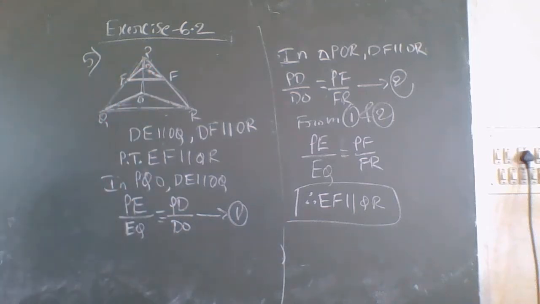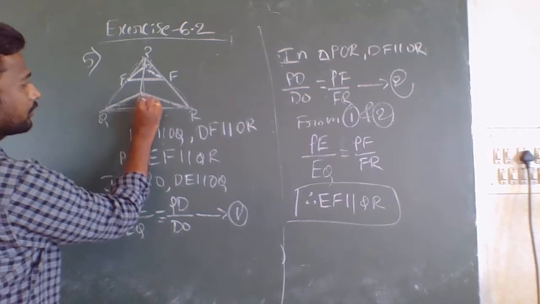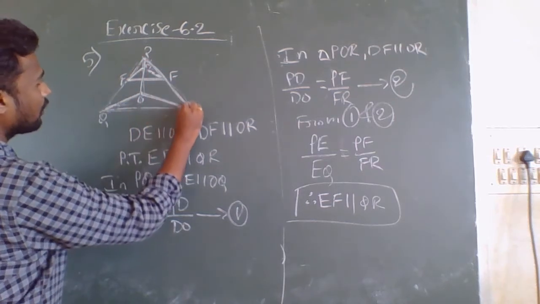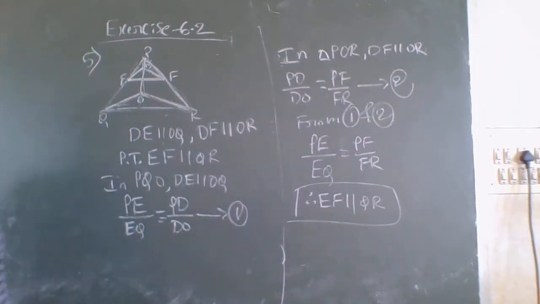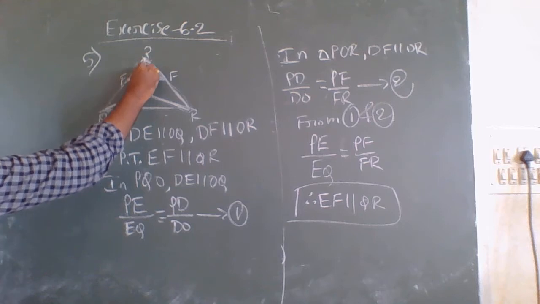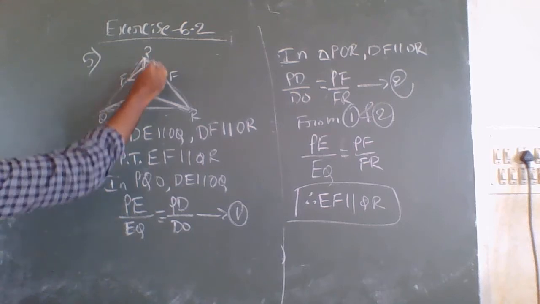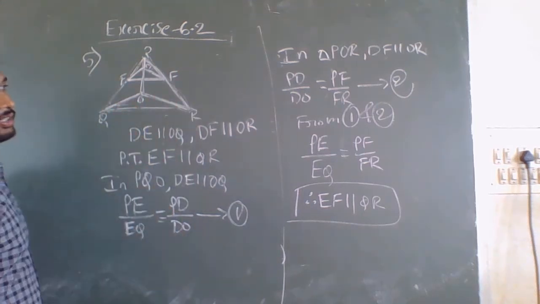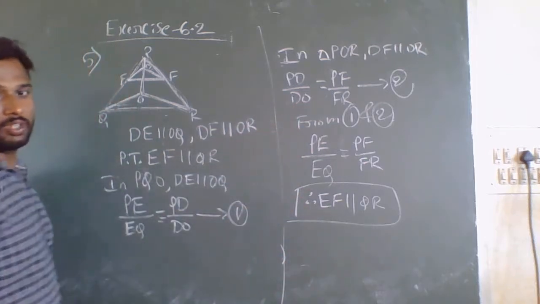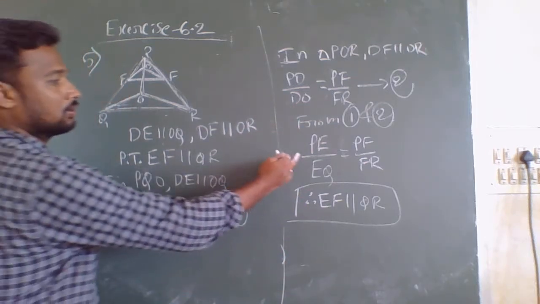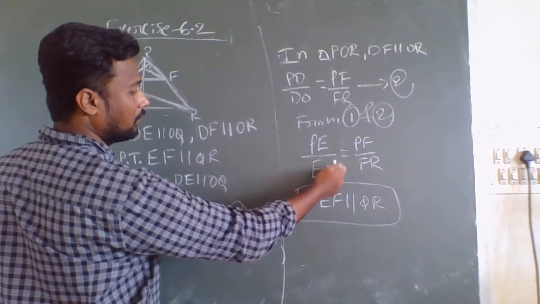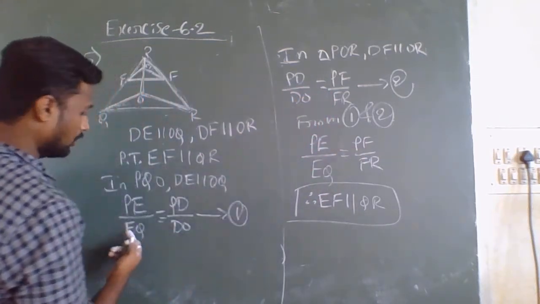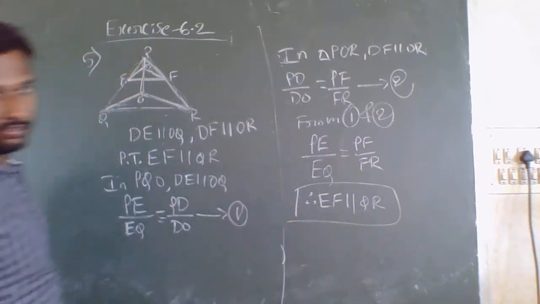This is the first one. Next, again I will consider the triangle POR. Here DF is parallel to OR. Now by using the theorem, we can write PD by DO is equal to PF by FR. This is the second one. Now from 1 and 2, these two are equal to the same PD by DO only. So PE by EQ is equal to PF by FR.